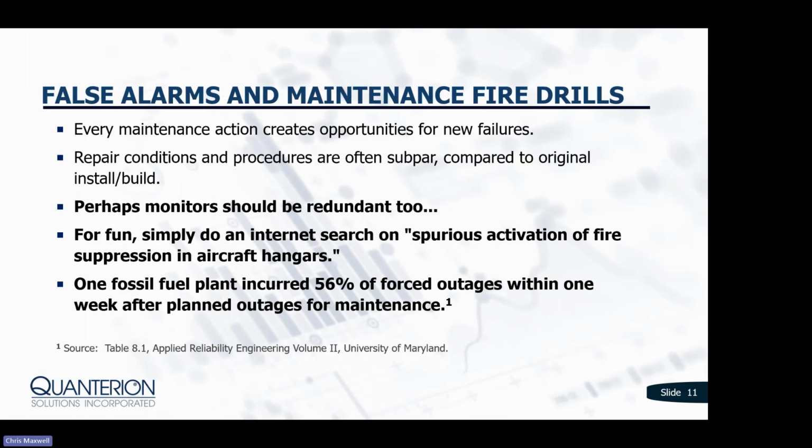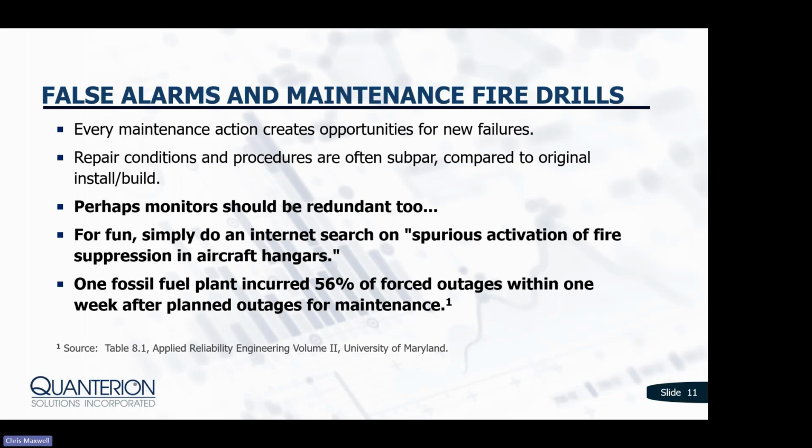This applies to false alarms and maintenance fire drills, and to every type of maintenance. If your condition-based maintenance is generating a lot of false alarms, or if your P point on your PF or DIPF curve is too far to the left and you're replacing too soon, you introduce yourself to new failures that can be brought about by maintenance procedures.